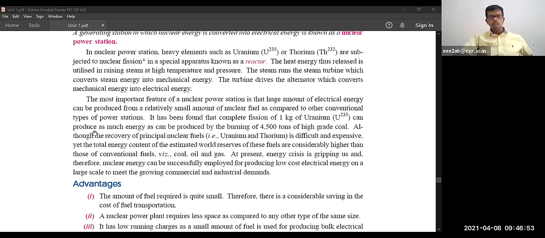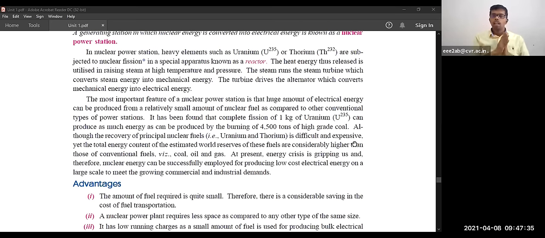Although the recovery of the principal nuclei, that is uranium and thorium, is difficult and expensive. If you want to buy 1 kilogram of uranium-235, it is expensive, and we are relying on the USSR and the US, so it has to come from their country to our country. It must be transported very carefully, because if any small leakage happens, that's it.